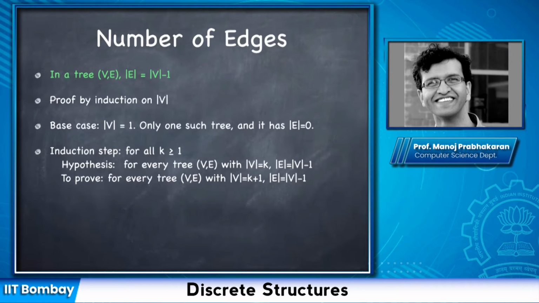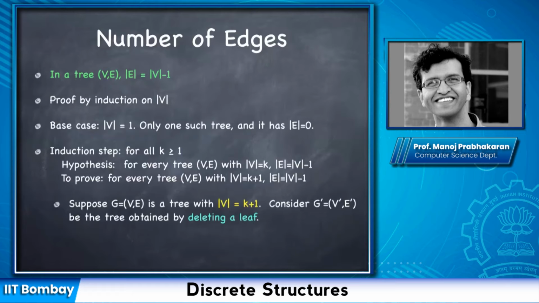Suppose for any k greater than or equal to 1, you have shown that the hypothesis holds for trees with k nodes. So the number of edges is the number of vertices minus 1. We'd like to prove the same for an arbitrary tree with k plus 1 nodes. Okay, and so given such a tree, what do we do?